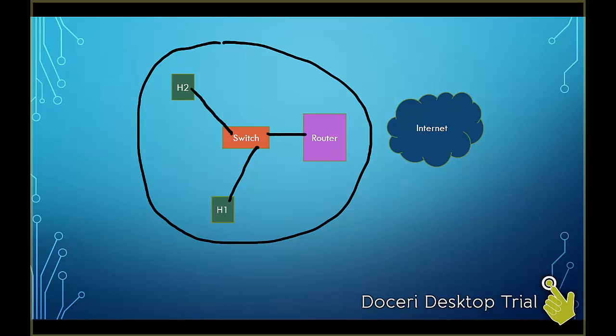And typically what happens is the switch here is usually built into the router, so the switch and the router typically come in a single device. So that's why you only see a single device, but logically speaking, you have a switch part and a router part built into a single piece of hardware when you see a router.